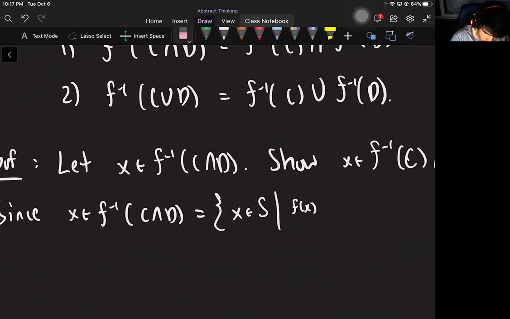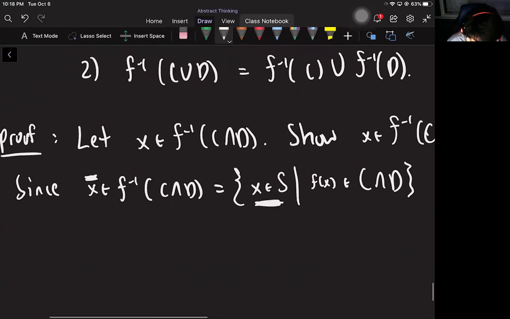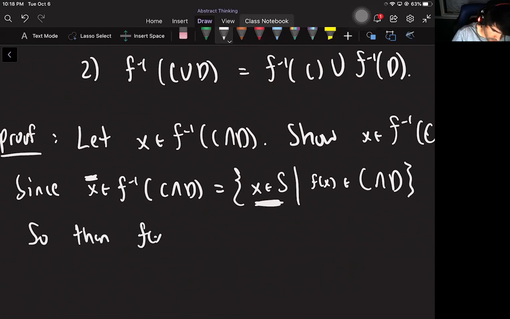So after I plug it in, I'm always in the subset I'm talking about, which is this C intersect D this time. So X is one of these things. Here I'm using X as just a variable, whereas here I'm using X as a specific element. But in any case, the X that I'm looking at is one of these. So I know that f of X lives in C intersect D because X is in the preimage of C intersect D.